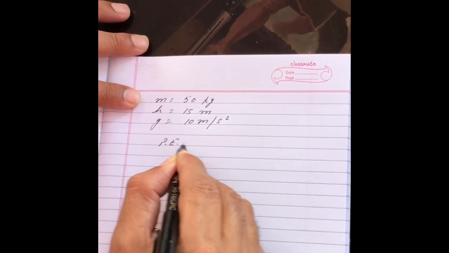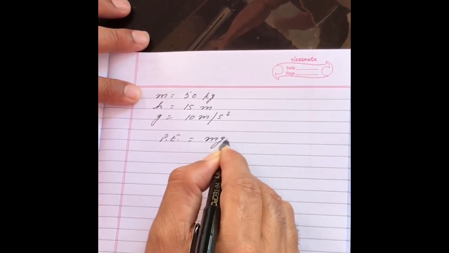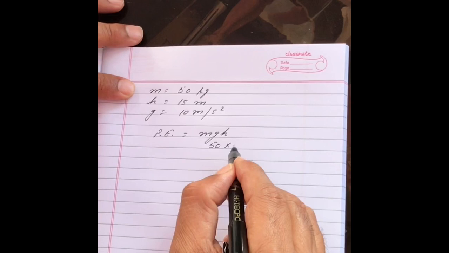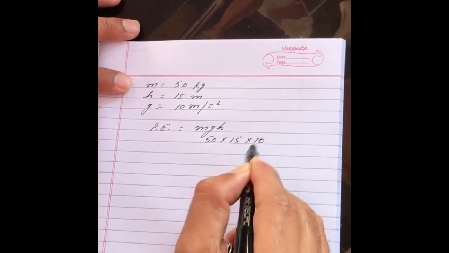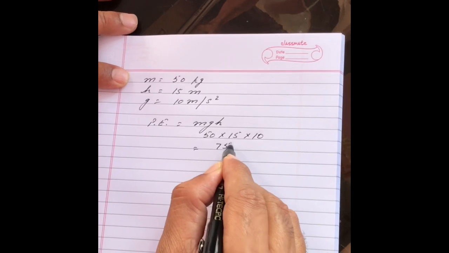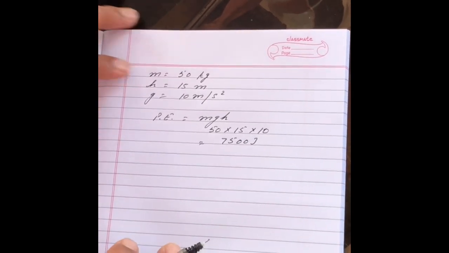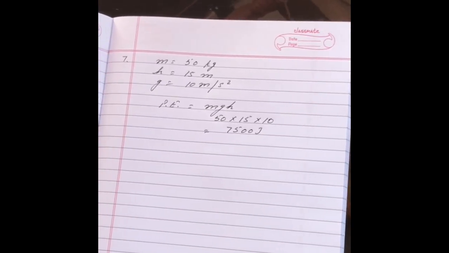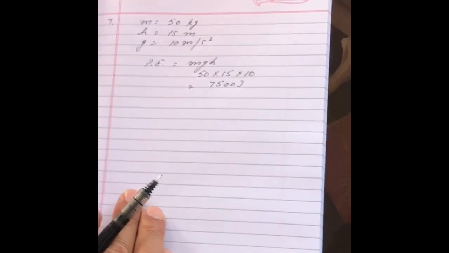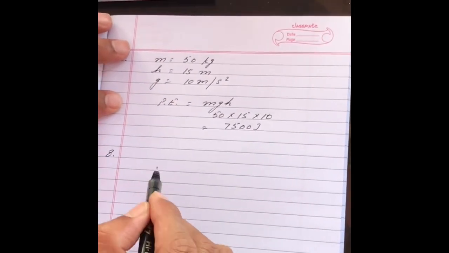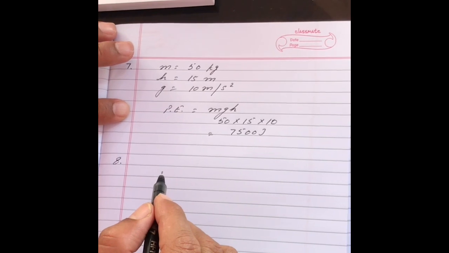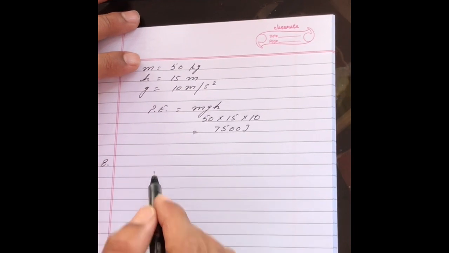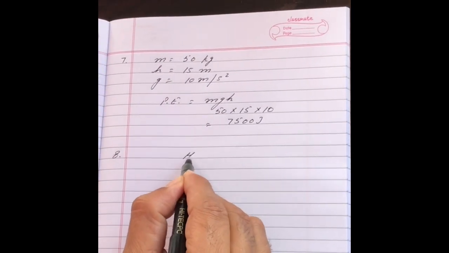So potential energy is mgh, mass is 50, h is 15, g is 10, that is 7500 joules. So no problem here, easier one. Question number 8. A man of mass 50 kg climbs up a ladder of height 10 meter. So do it yourself. Question number 8 is your homework.